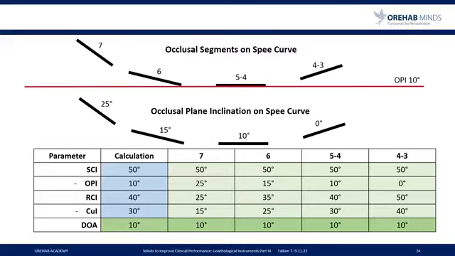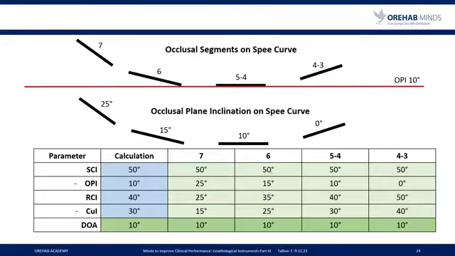And then relative condylar inclination changes from 25 here to 50 here, and from anterior to posterior, the inclination of the cusps of occlusal structures is decreasing from 40 degrees to 15 degrees, and the disocclusal angle gets down to 10 in all the segments of occlusion.